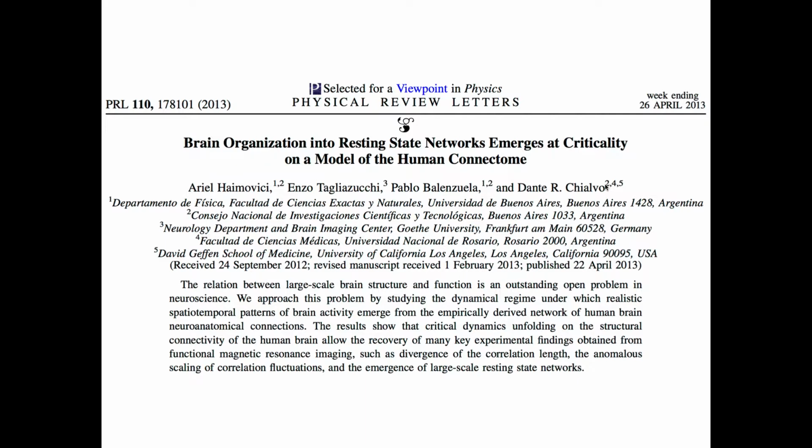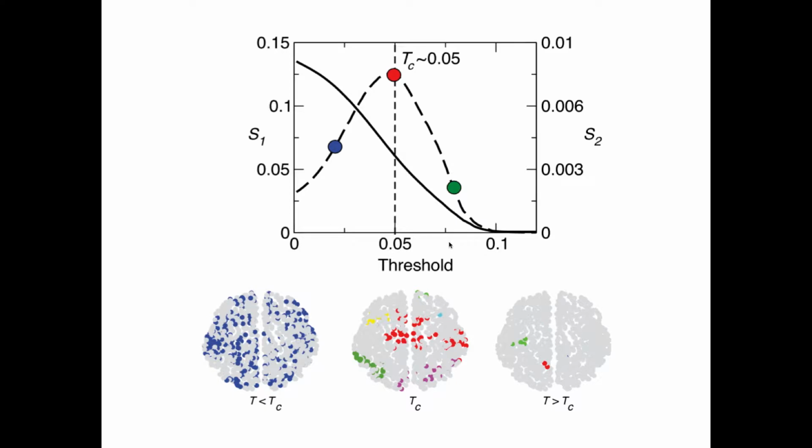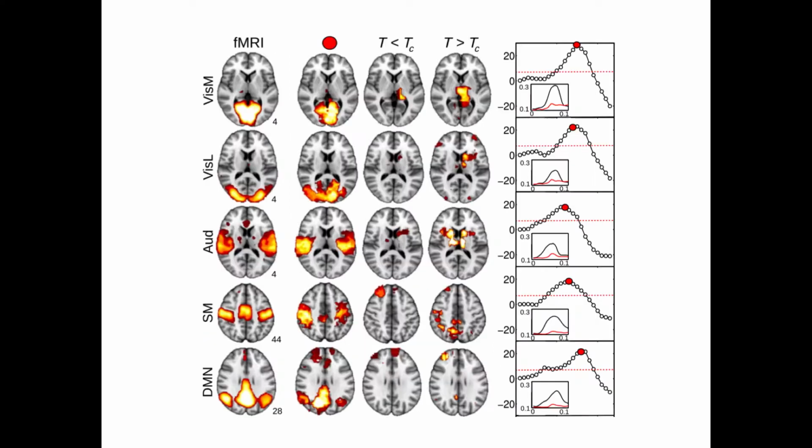He is carrying this flag of the brain has to be critical, and they have some model that they compare with actual fMRI data, and when their model is tuned to criticality, it's not self-organized. If it's tuned to criticality.